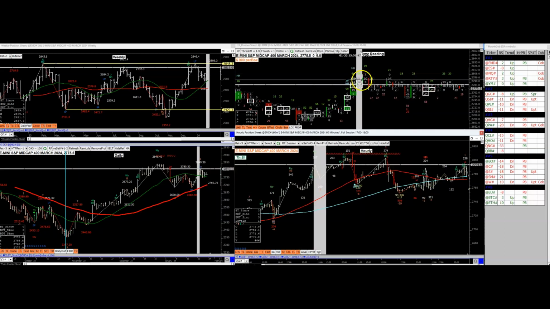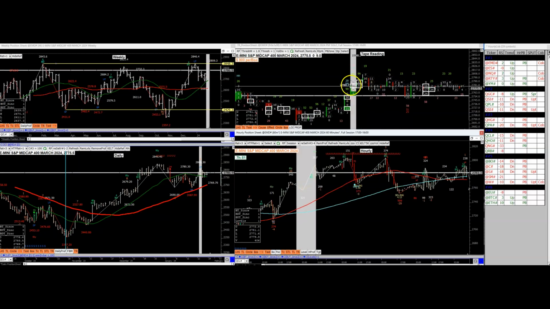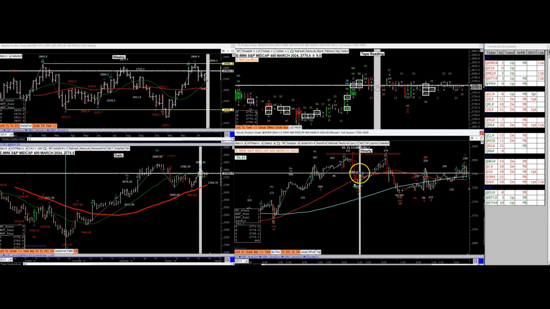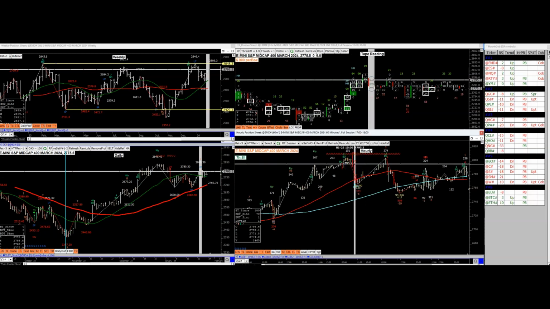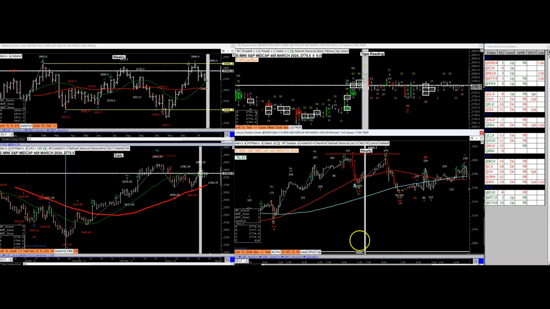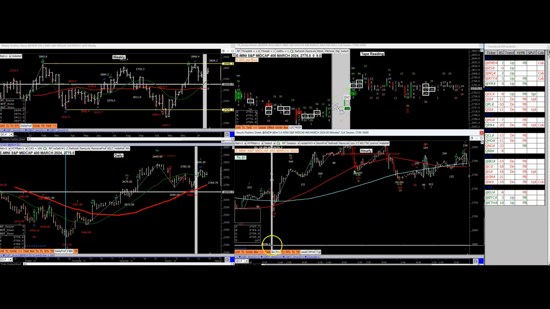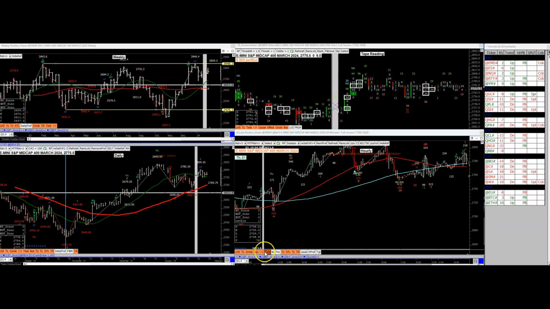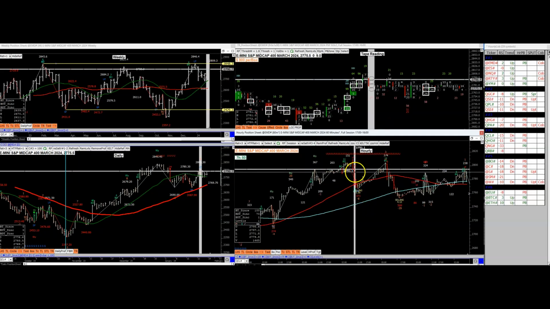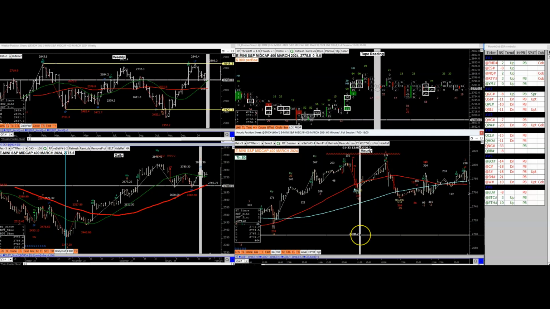Why? Because you have that high volume, and especially when you have a hard crack after it. Usually if you have a thrust after high volume, there's distribution, because what happens is, when there's distribution or accumulation, there's usually big bars after it. Why is that the case?